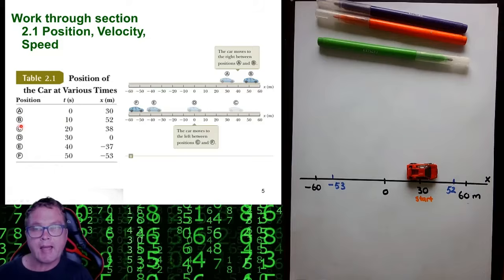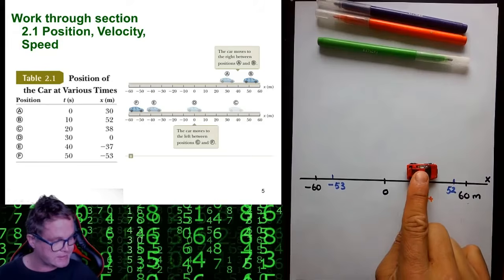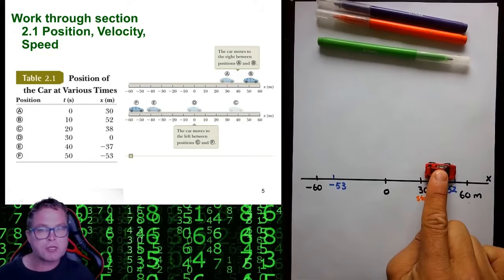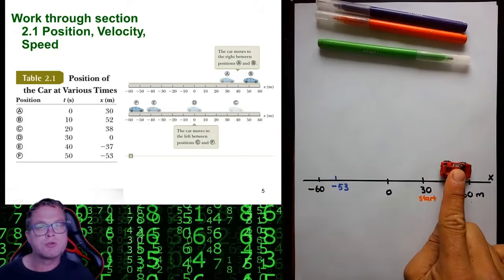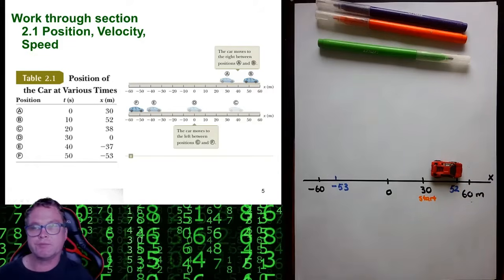Then when we reach point B, you can see some 10 seconds has elapsed, and the car is now at a position of 52 meters. Note these are positive values, positive 52 meters. So this means that during the first 10 seconds that the stopwatch was running, the car has moved to this position here at 52 meters.